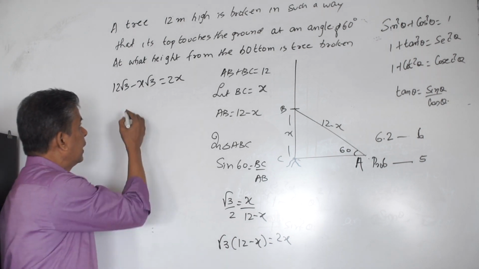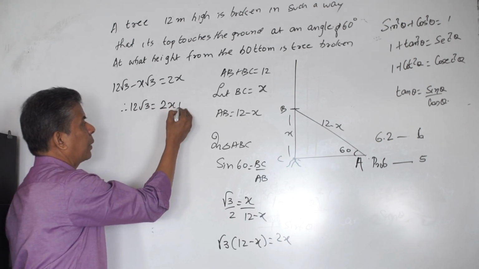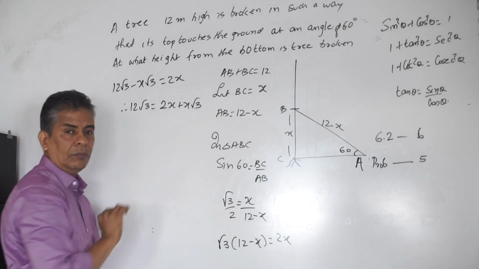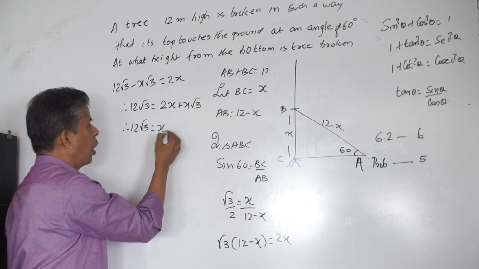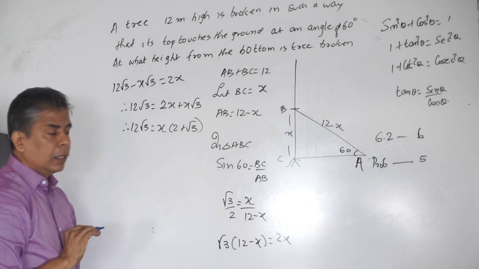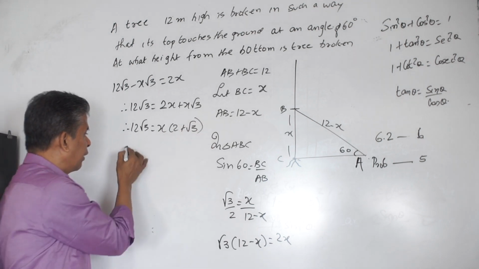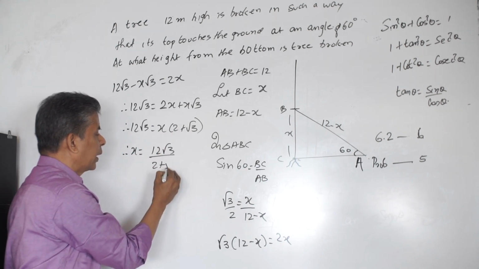Let's collect the terms here. So this will be 12 root 3 is equal to 2x plus x root 3. Therefore 12 root 3 is equal to x common 2 plus root 3. So now this will come here. Therefore x is equal to 12 root 3 upon 2 plus root 3.